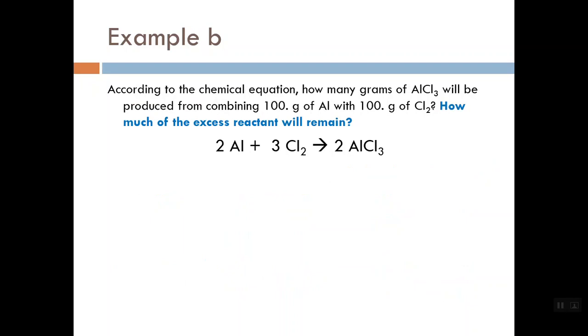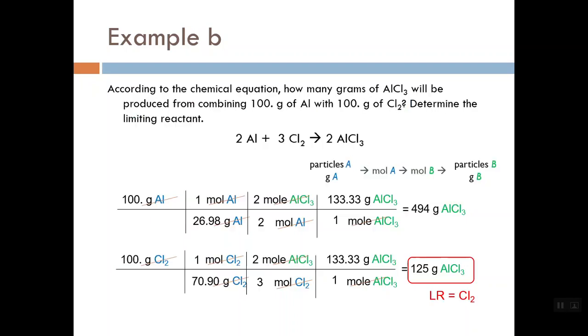Now, the next part on this problem, it says how much excess reactant will remain. Well, remember what we ended with. We can only produce 125 grams of aluminum chloride. So what the other question is asking about is, well, we started with 100 grams of aluminum. How much of this will be left over?